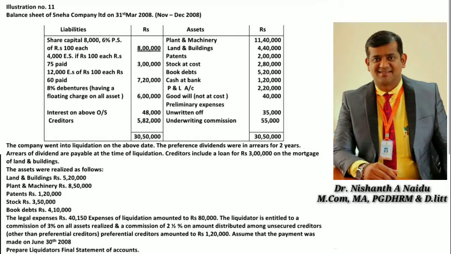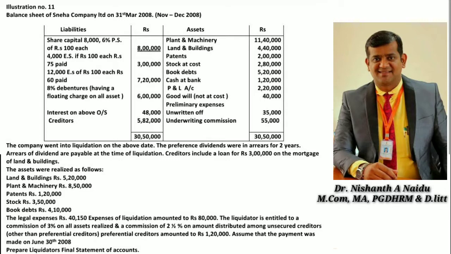Preferential creditors amounted to rupees 1,20,000. Assume that the payments were made on June 30th, 2008. Prepare liquidator's final statement of accounts in the books of Sneha Company Limited.